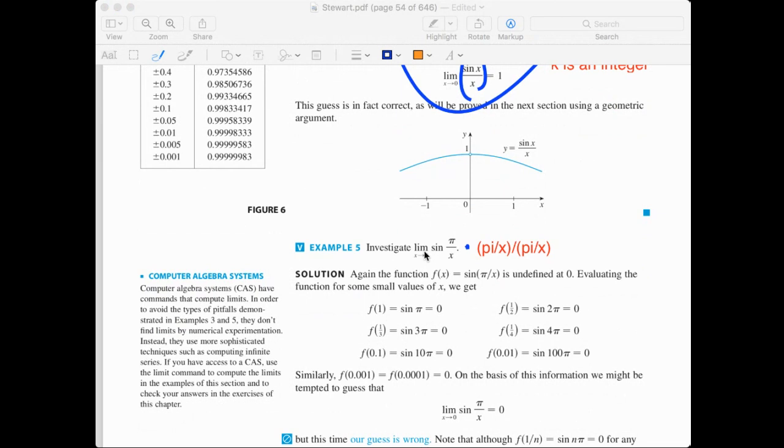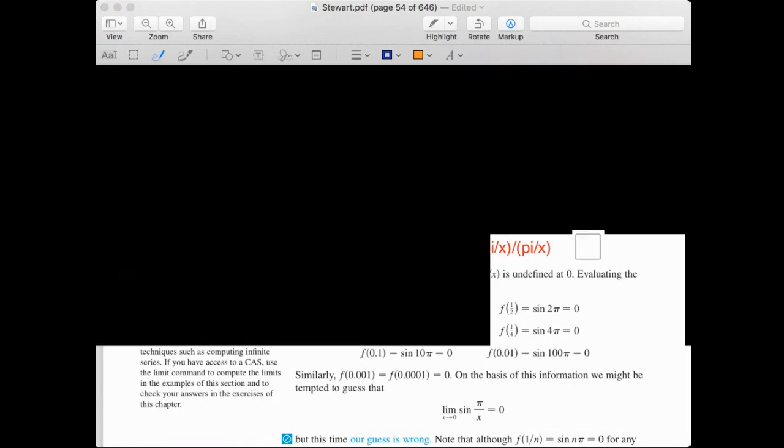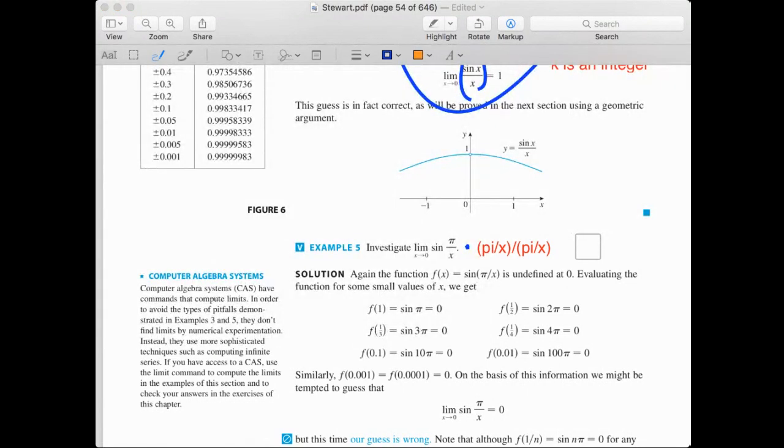Now we're left with the limit as x approaches 0 of pi over x. So now we only have pi over x to consider. So what's the limit of that?